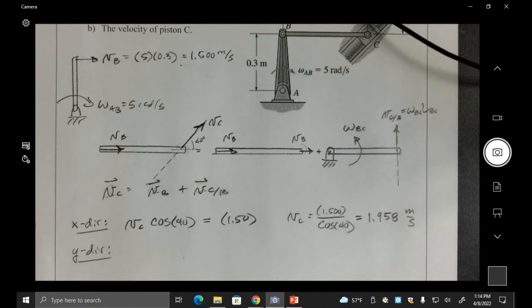I didn't necessarily know that it was going to go up, but BC had to be on that line of action. So with the X direction, we said it has to be up because this is the only thing over here. It's got to be horizontal. So if it has to move that way, then it has to be going upwards.